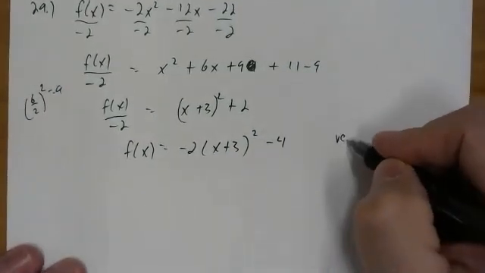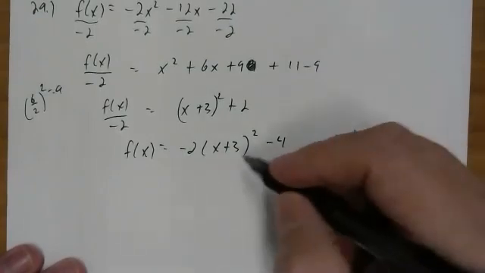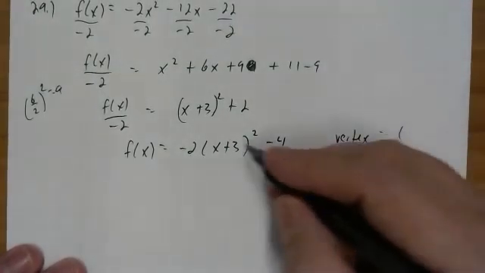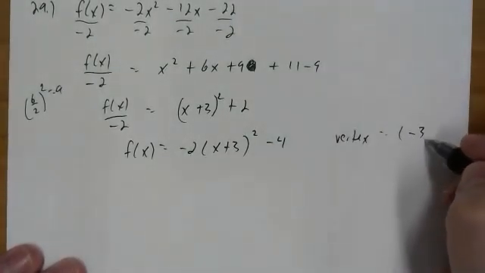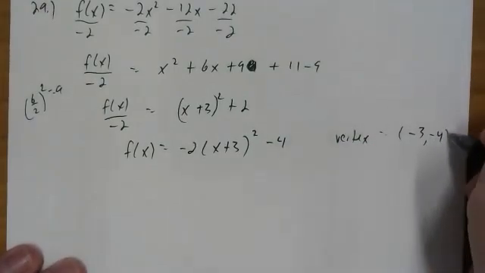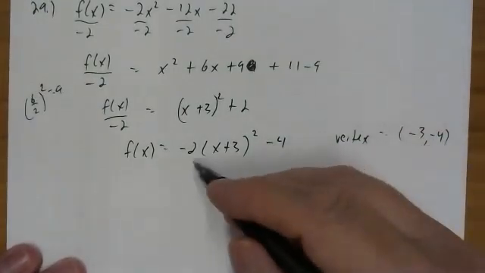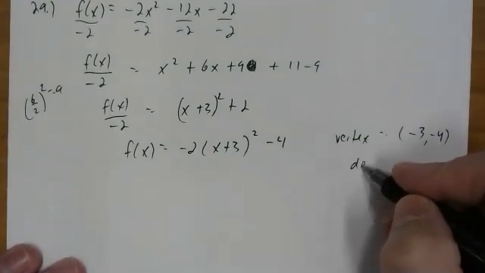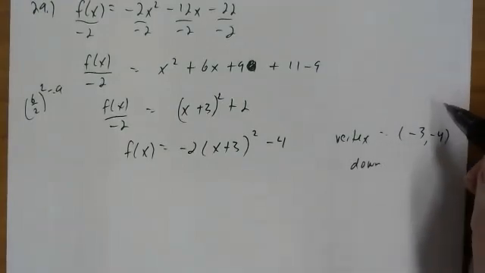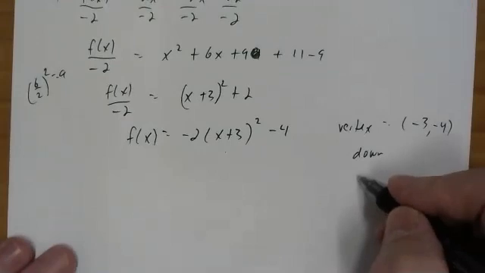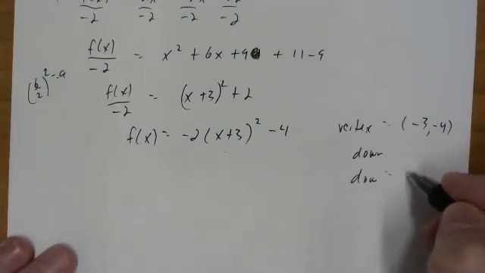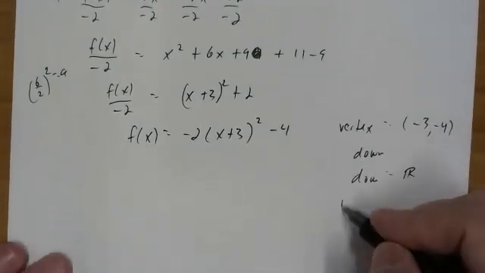So the vertex, here's the h. Once again, do the opposite, -3, -4. Opens down. The domain is going to be all real.